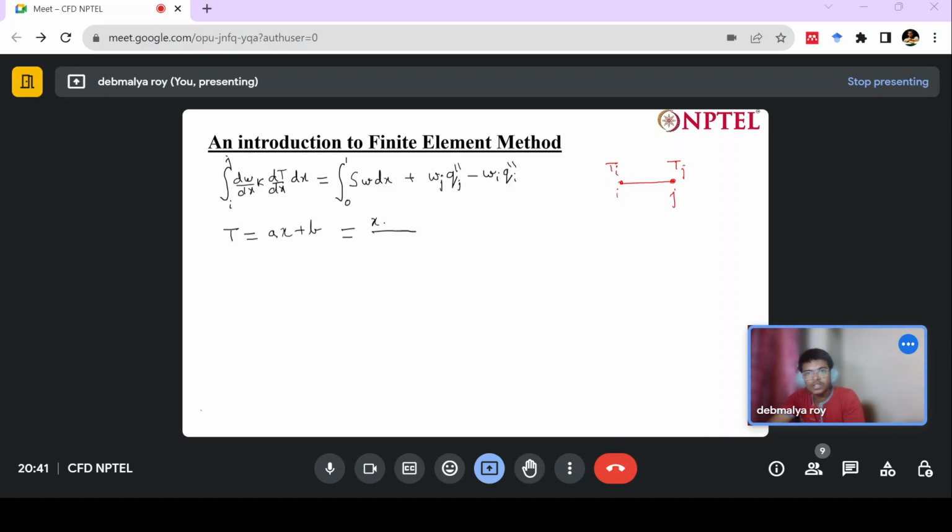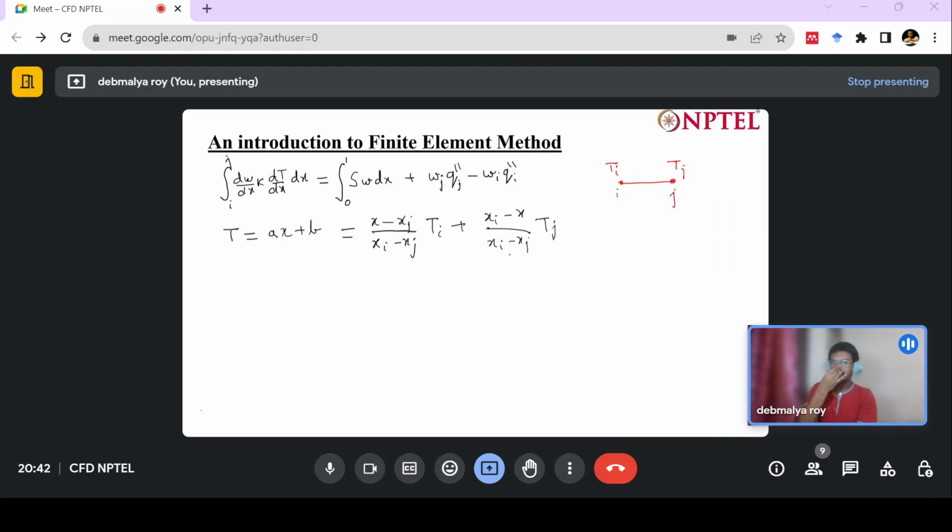So this will be (x minus xj) divided by (xi minus xj) times Ti, plus (xi minus x) divided by (xi minus xj) times Tj.